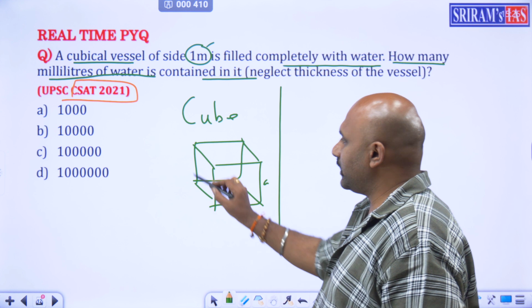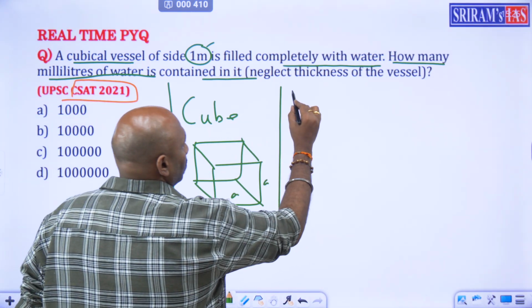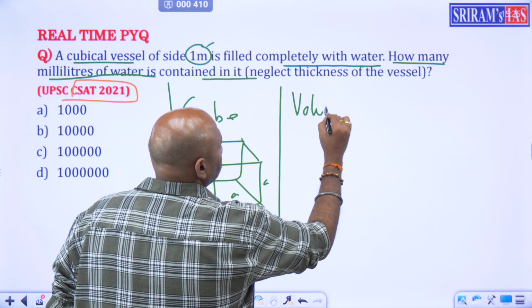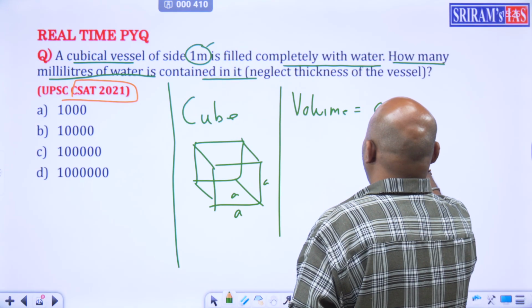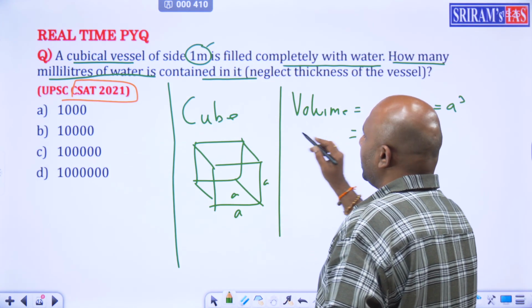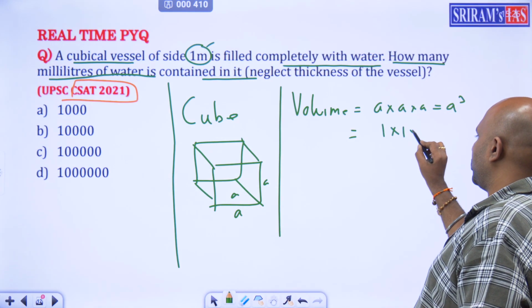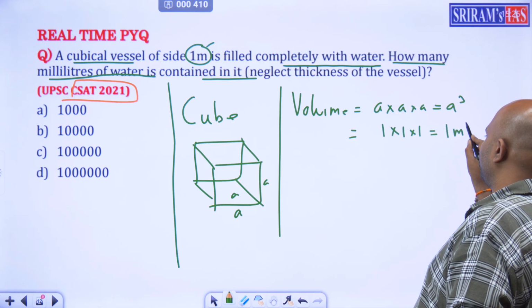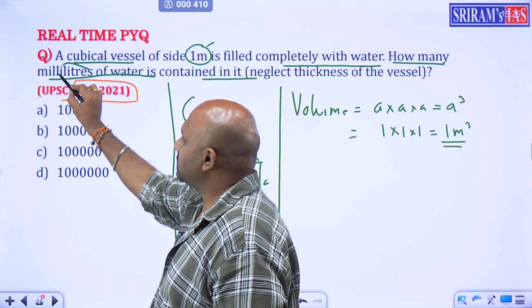Therefore, from this we can clearly mention the volume of the cube. The volume of the cube is nothing but a into a into a, which is a cube. Here the side is given as 1 meter. Therefore, 1 into 1 into 1, which is 1 meter cube. He is asking how many milliliters.